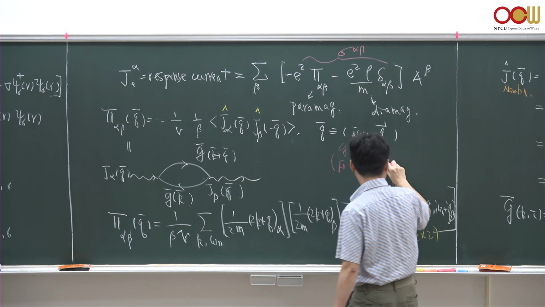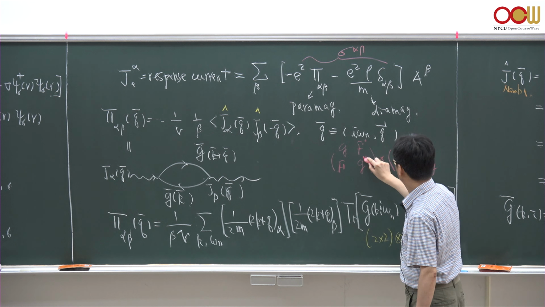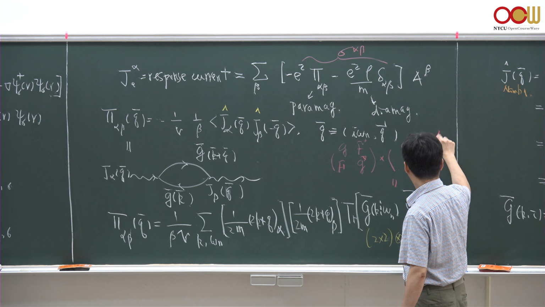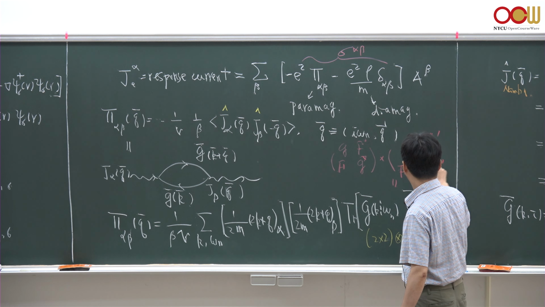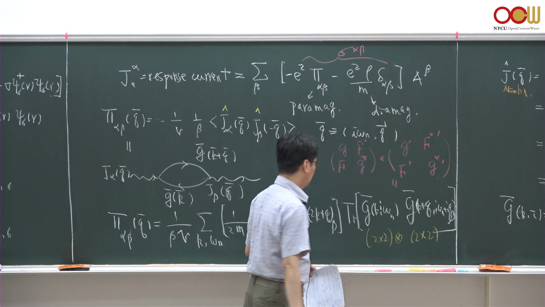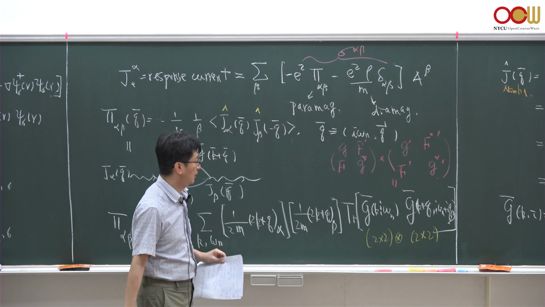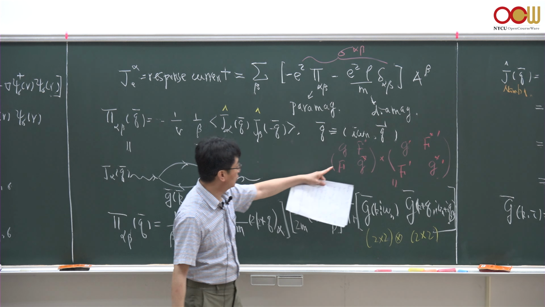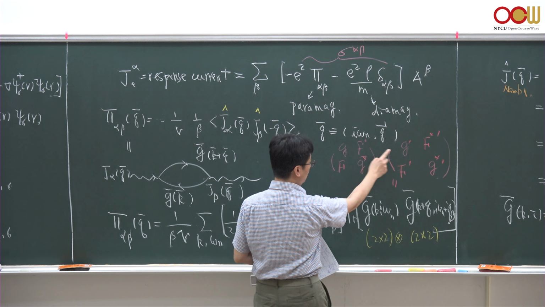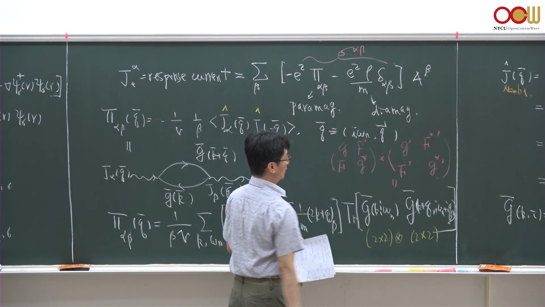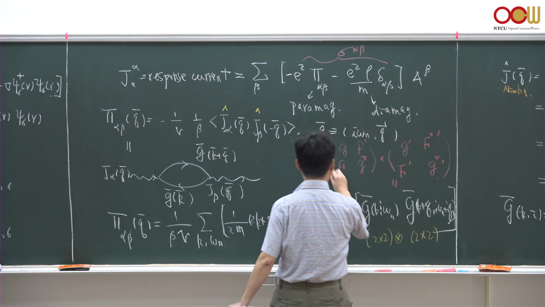Times another 2x2, which is G prime, G star prime, and F star prime, and F prime. And you take a trace. So when you perform such a matrix multiplication, you get what? G prime plus F star F prime as the first matrix element.